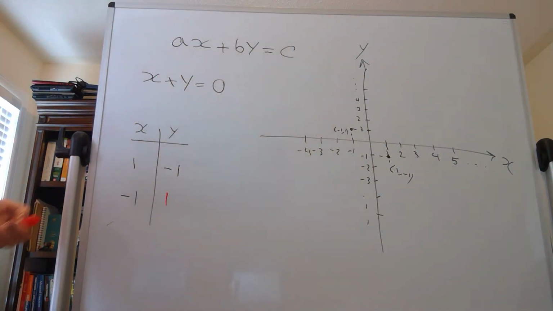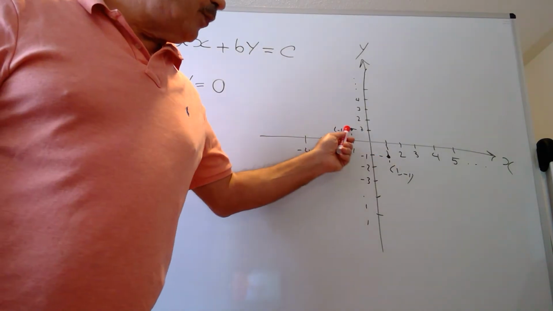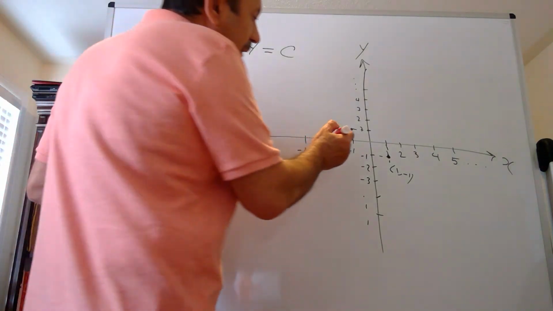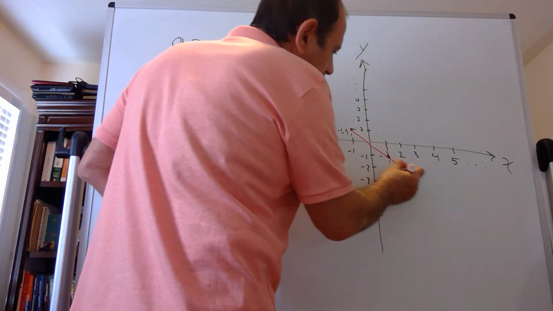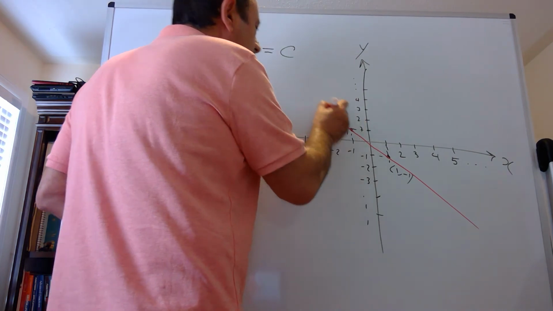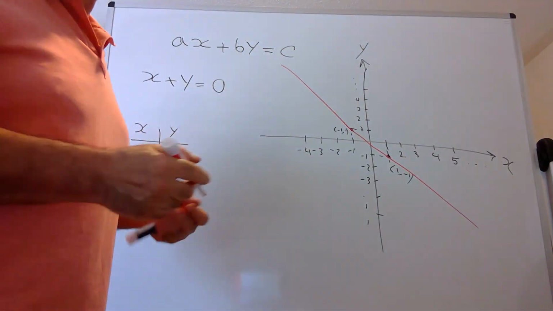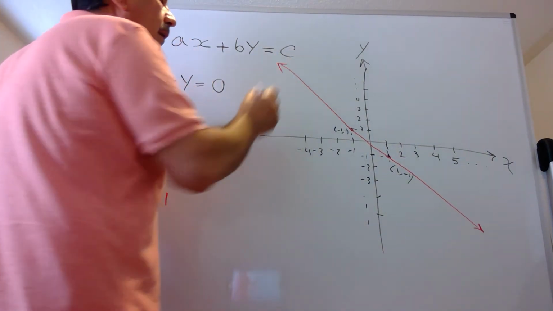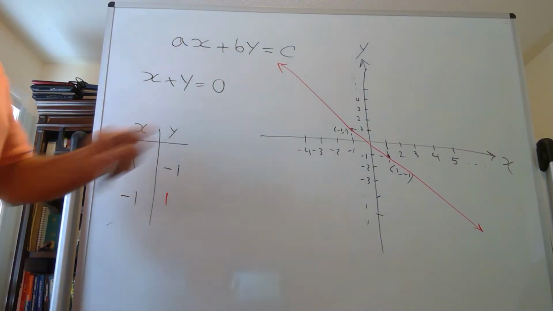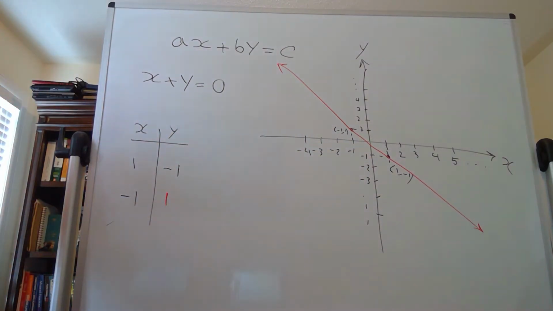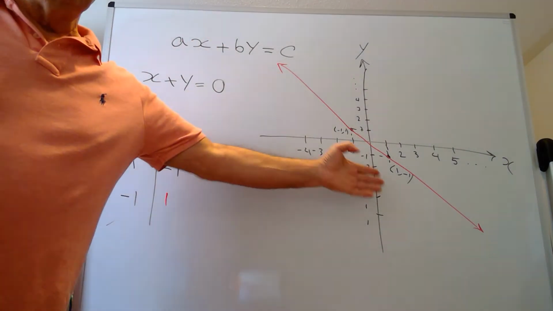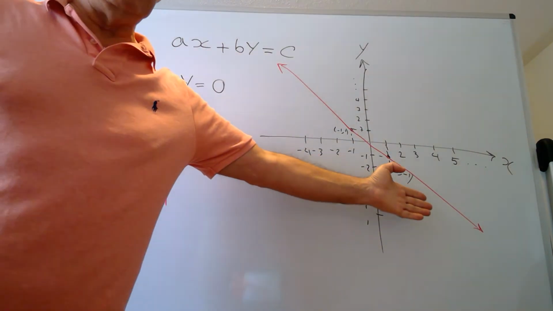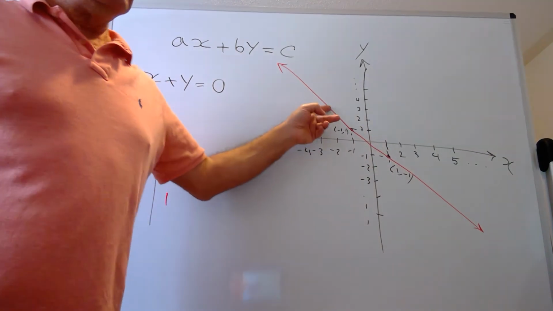Now, what should we do? We should connect these 2 points to each other and continue from both sides. Remember that this line should be continued from both sides. This arrow means that the line continues from both sides. So this line is the solution of this equation, and on this line there are unlimited points.